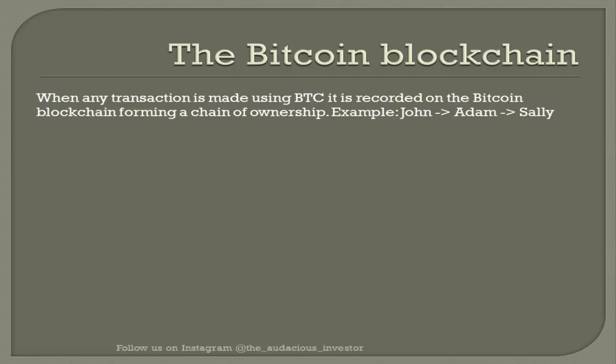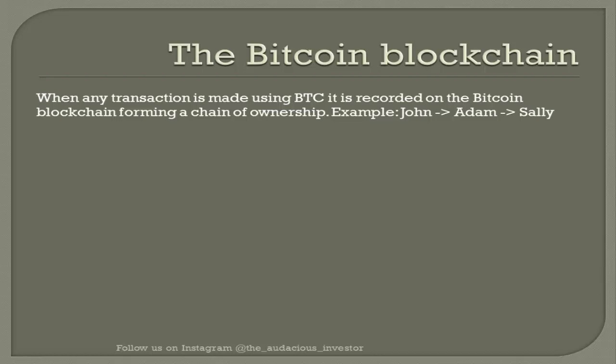When any transaction now is made using Bitcoin, it is recorded on the Bitcoin blockchain, forming a chain of ownership. So for example, if John makes a transaction and sends Bitcoin to Adam, and Adam makes a transaction and sends Bitcoin to Sally, these transactions are recorded on the Bitcoin blockchain, which is the ledger, and it does it in a form of ownership.